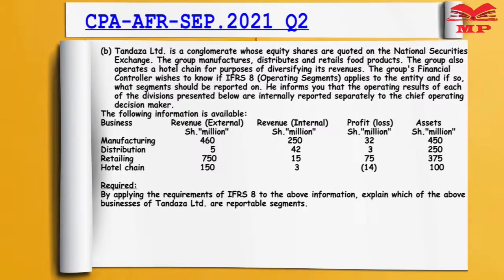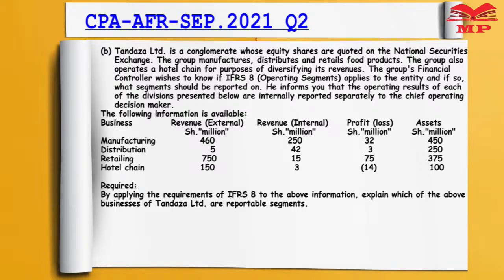He informs you that the operating results of each of the divisions represented below are internally reported separately to the chief operating decision maker. The following information is available.